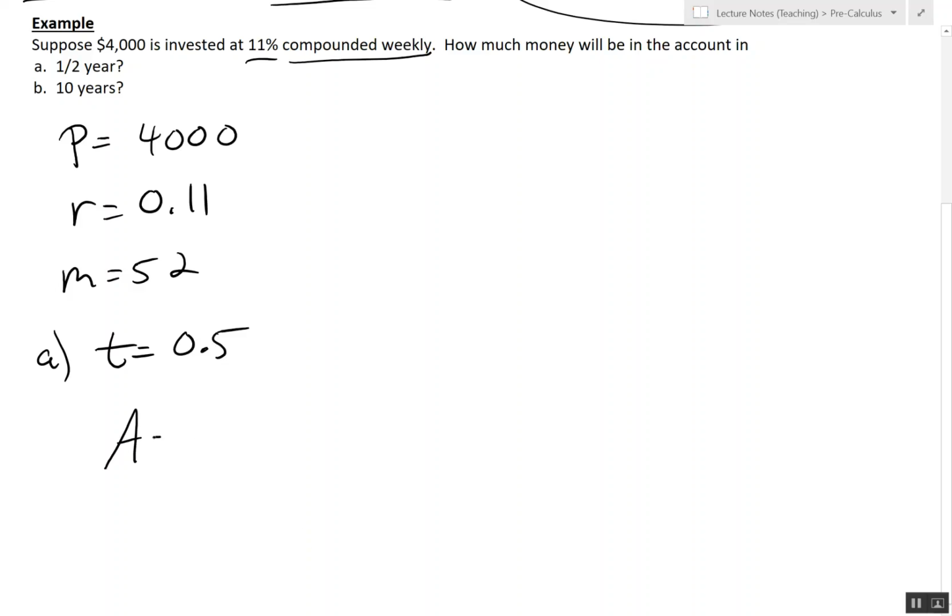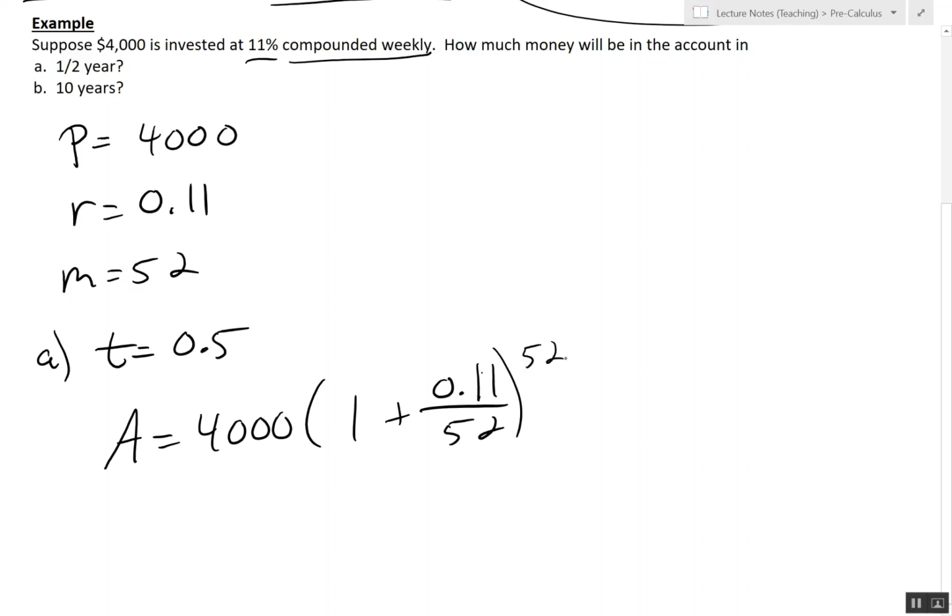So the amount that's going to be left is 4,000 times 1 plus 0.11 over 52. We're taking that 11% interest rate and splitting it over the 52 weeks, and raising it to the 52, but we're only going for half a year, so t is going to be a half. All you do is run this through your calculator. So we have 4,000 times 1 plus 0.11 divided by 52.